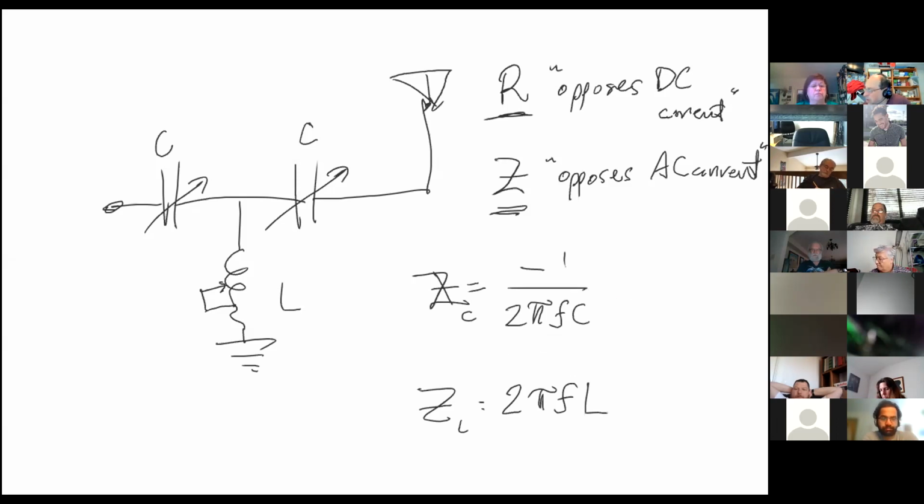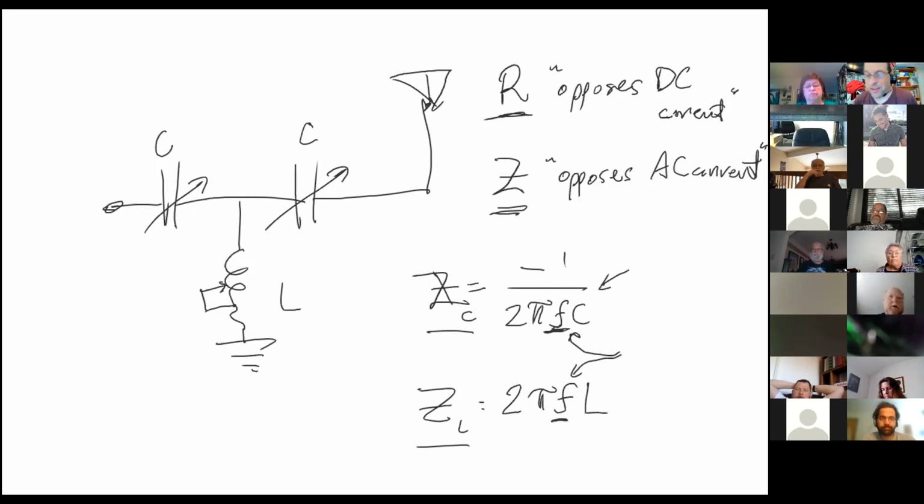When we change our frequency, what happens to our values of impedance? If our frequency goes up, what happens to this one? Because it's in the denominator, it goes down. If our frequency goes up, what happens to this one? It goes up.